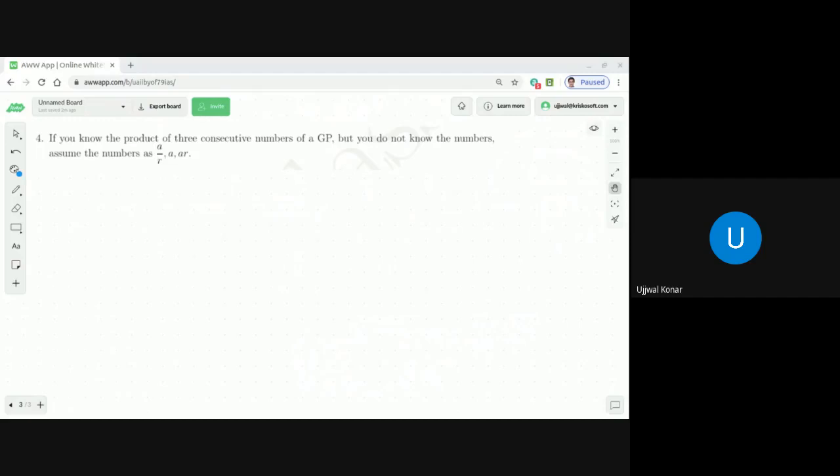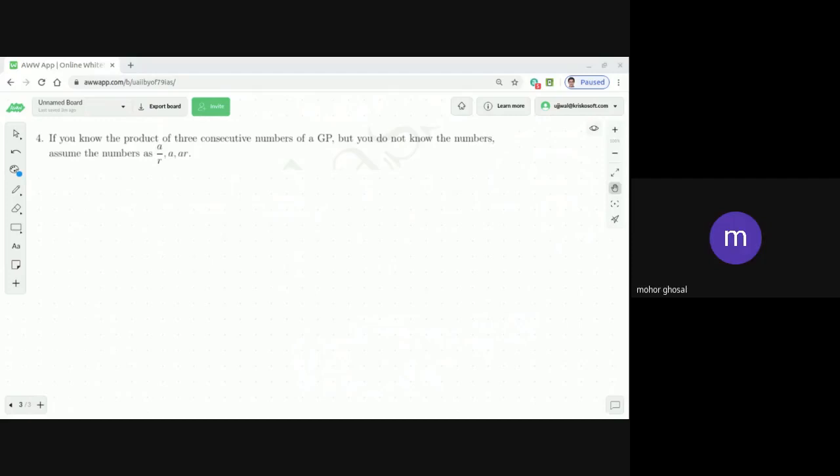Dear Sagnik, what will be your answer if I ask you this question? If you need to choose four consecutive numbers of a GP, what numbers can you think of? Dear Dibyansu, Mohor, Srijita, Disha, anyone can answer. Just apply your intuition. A little bit of intuition you need to apply, and you need to recall the way we have done it for arithmetic progression.